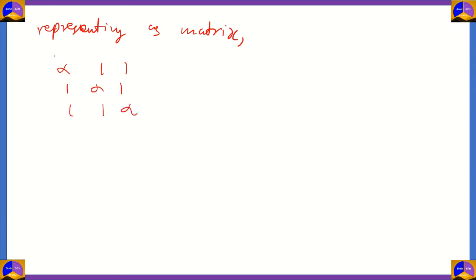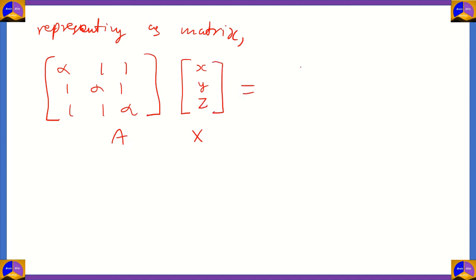So when you represent them in the matrix form, you will get the matrix A with rows alpha 1 1, 1 alpha 1, 1 1 alpha, times the matrix X, which contains the variables x, y, z, equal to the matrix B, that is equal to alpha minus 1, alpha minus 1, alpha minus 1. So this is our equation in the matrix.